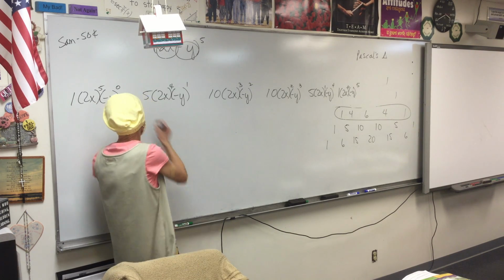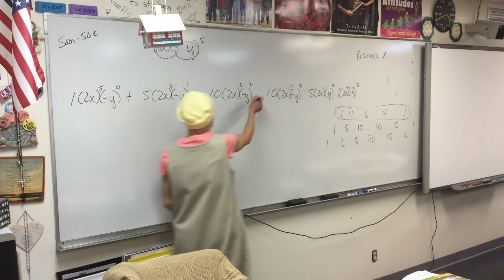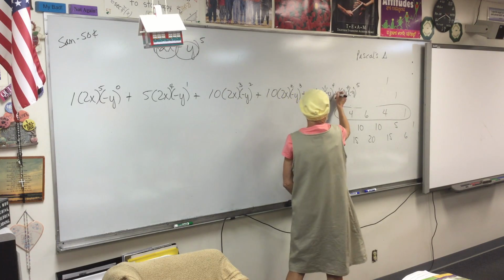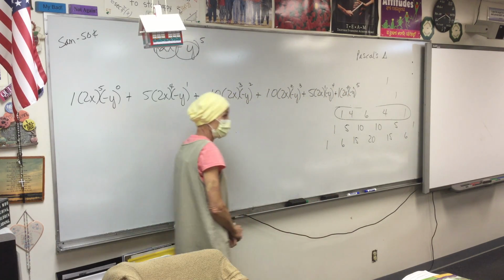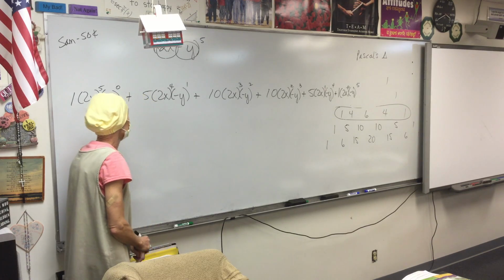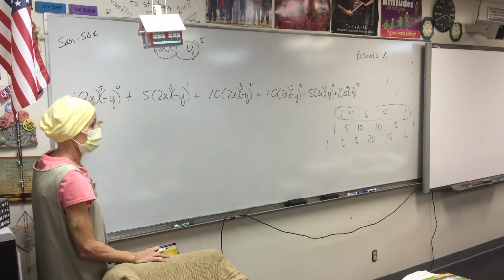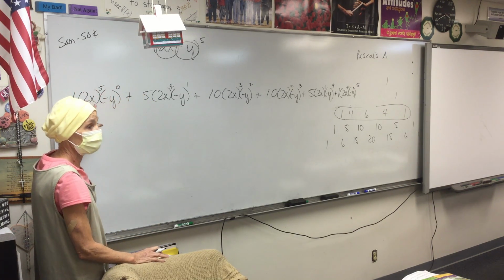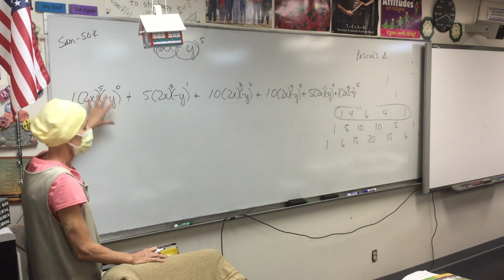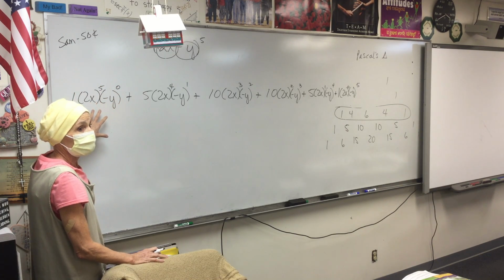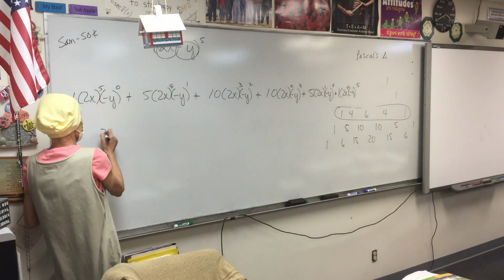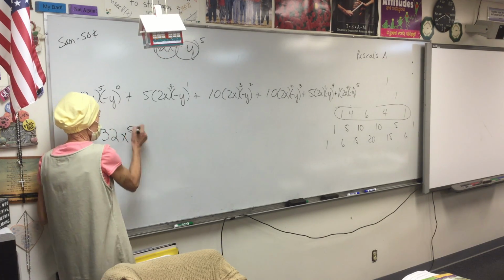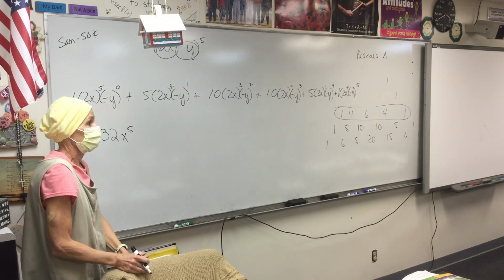All right, so what am I left to do now? All that's left is what? Look at each term and simplify it. So what do I have here in the beginning? Be very careful. It'd be 32x to the 5th.